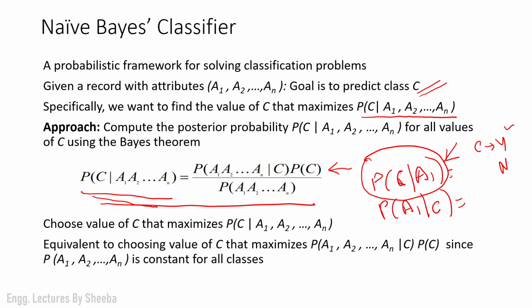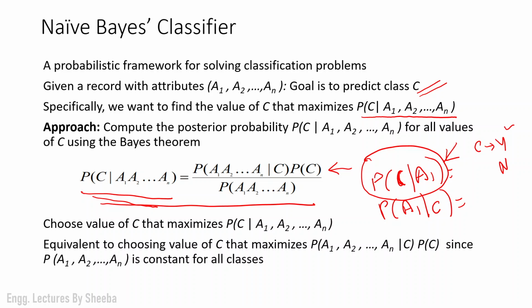So we'll be finding all the probabilities, then choosing the value of C which gives the maximum probability, and that particular C we will be selecting as the final classification.